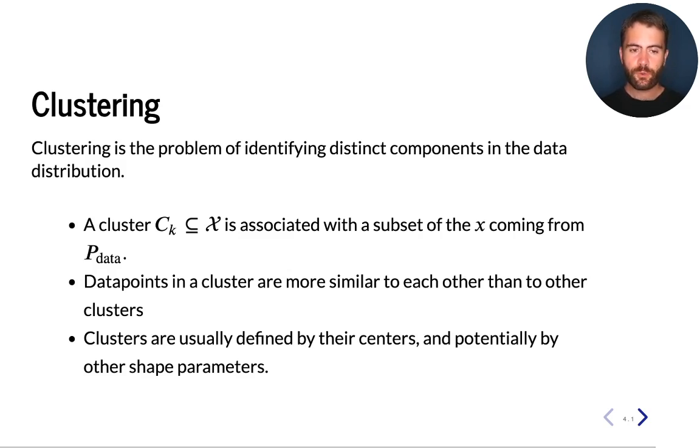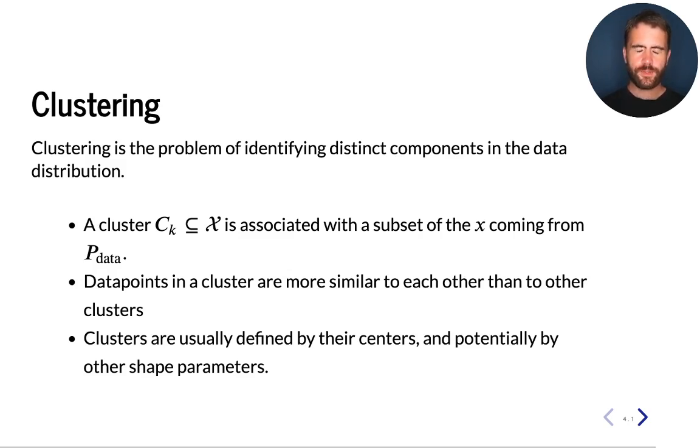Each component or each cluster can be thought of as a subset of the x's, as the subset of the data or of the vectors of attributes. And this subset has the property that data points within a cluster are more similar to each other than to points outside the cluster.